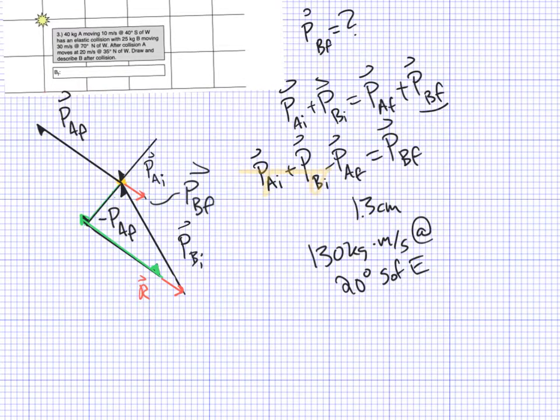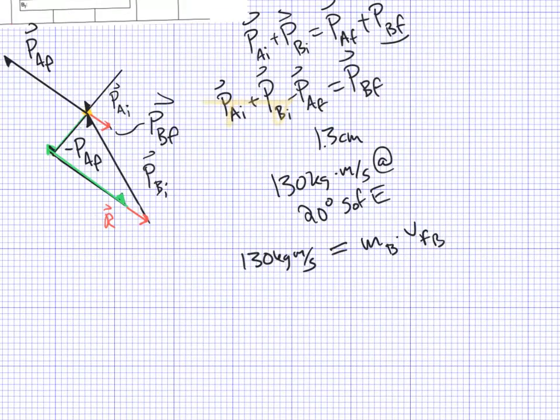In order to get our final answer, we need to take that 130 kilogram meters per second and break out the parts of the suitcase. So because p equals mv, we can take this and divide it by the mass of the object.